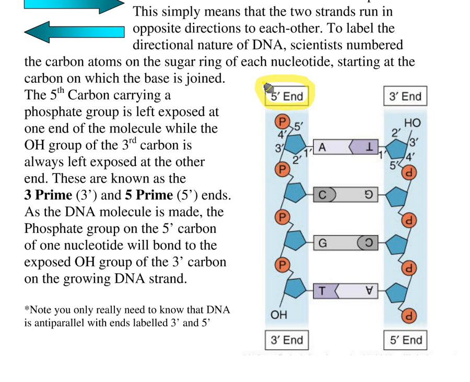And 5', they often just do a little 5 with a little dash to denote 5'. And this is the 3' end. And on the other side of the DNA, it's the other way around. You've got the 3' up here, and you've got the 5' over here.